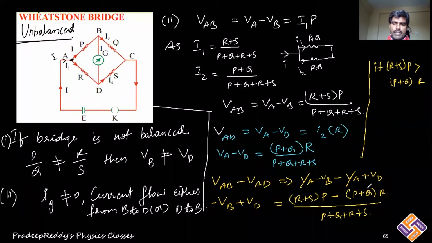So as it is positive, it is minus VB plus VD, or you can write it as VD minus VB. So VD minus VB is positive, in the sense potential at D is greater than potential at B. As a result, IG will be upward.